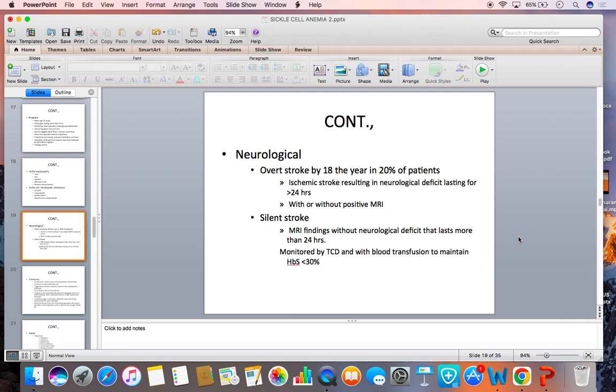Patients should be monitored by transcranial Doppler and with blood transfusions to maintain the hemoglobin level more than 10 grams per cent and HbS level less than 30%.